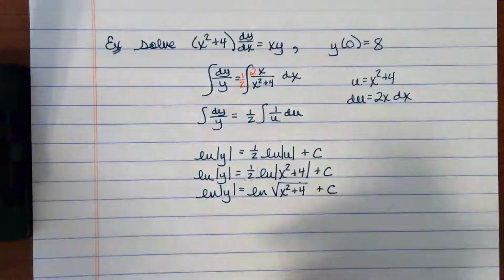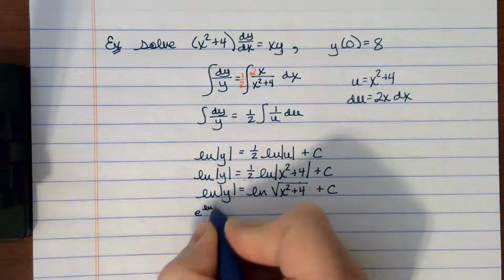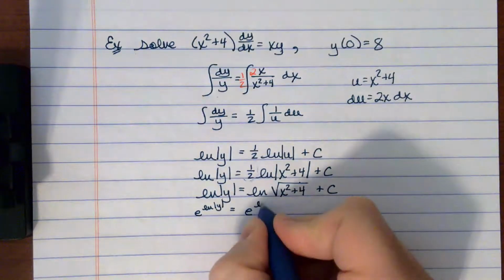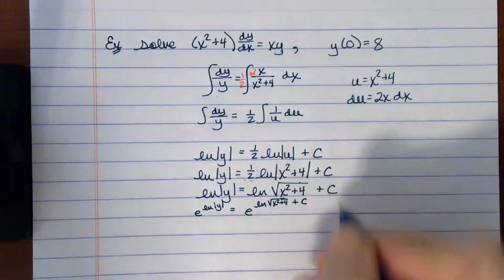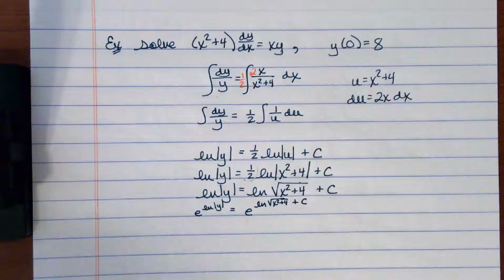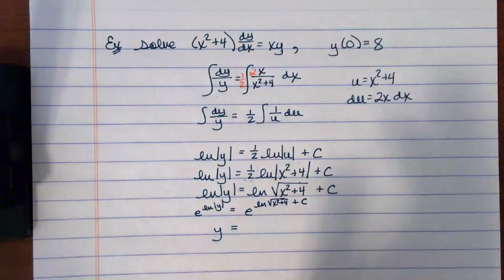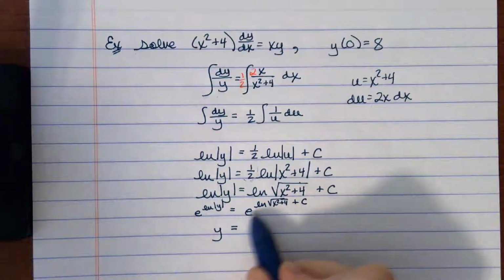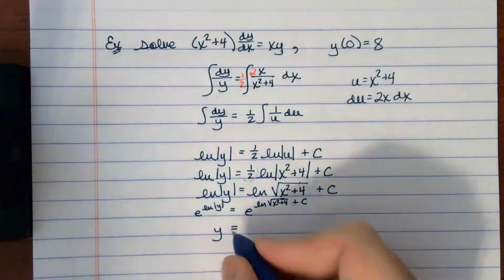I'm going to try to get the y by itself, so I'm going to do e raised to both sides. E to the natural log of the absolute value of y equals e to the natural log of the square root of x squared plus 4 plus a constant. On the left side, I'm going to cancel the e and the natural log, and I'm just going to drop the bars. Don't worry about the absolute value bars with these. On the right side, I can't completely make this cancel because I still have the plus c in that exponent, but I'm going to use the same trick I used in the last problem.